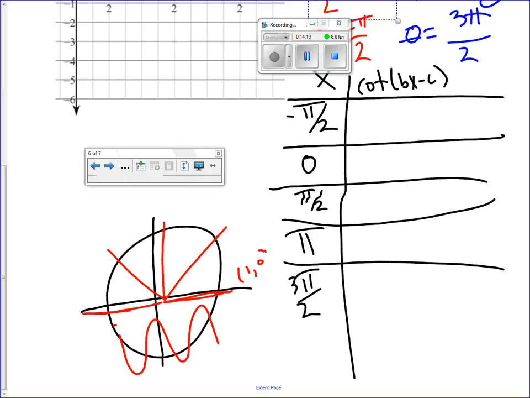So right here, tangent is y over x. Cotangent's the reciprocal, x over y. So 1 divided by 0, undefined. We're starting with an asymptote. The next spoke, radical 2 over 2, radical 2 over 2, x divided by y, they're the same. So it'll be 1.